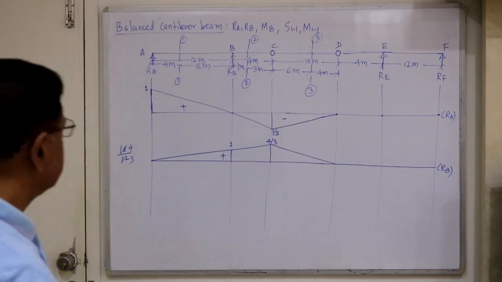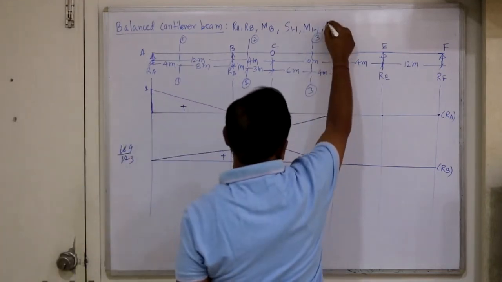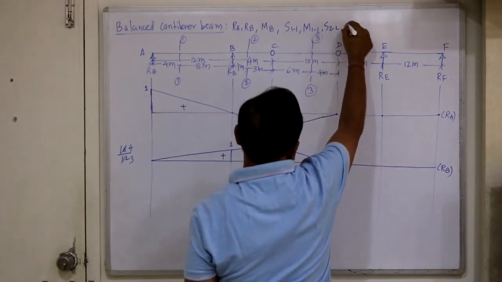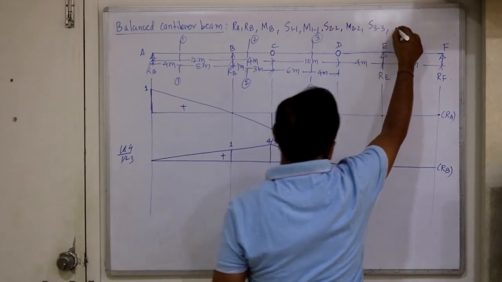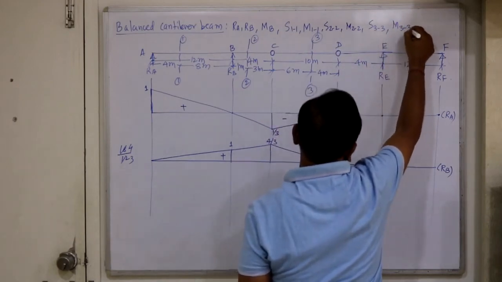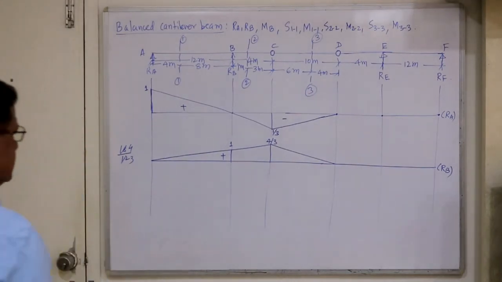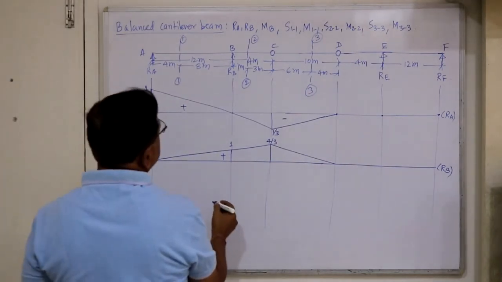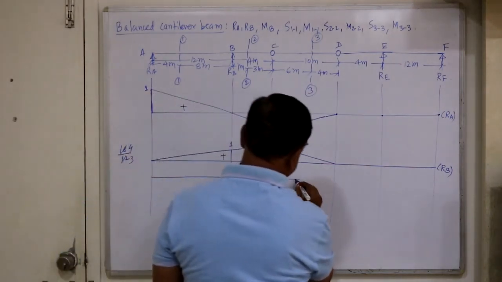Next we have MB, then M11, S22, M22, S33, M33. These ILDs we have to complete. Now next, the ILD for MB. The ILD for MB will be negative.